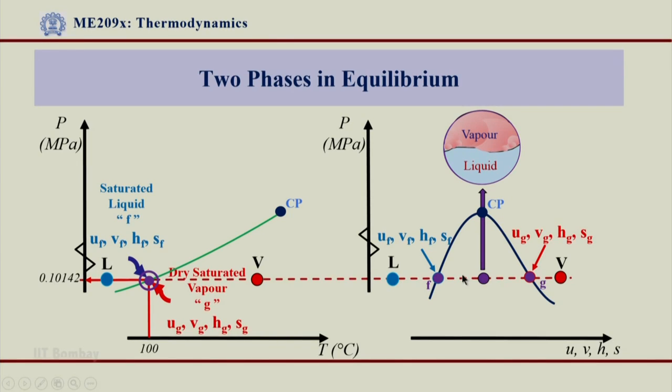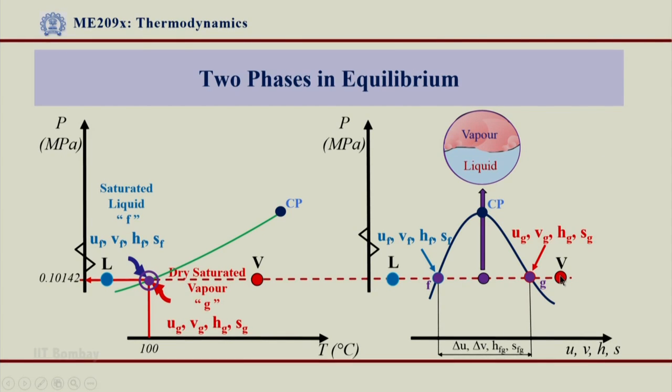Two phases are in equilibrium, there will be liquid region and there will be a vapor region, depending on where it is, because we are starting from 100% liquid to 100% vapor. So, depending on how close it is on the left side or at the right side, the proportion of liquid and vapor will vary accordingly.